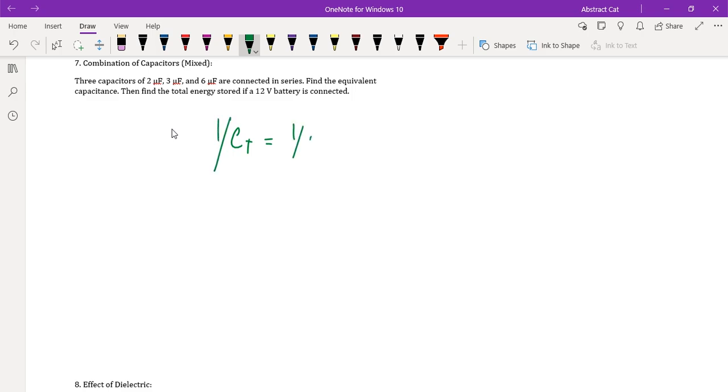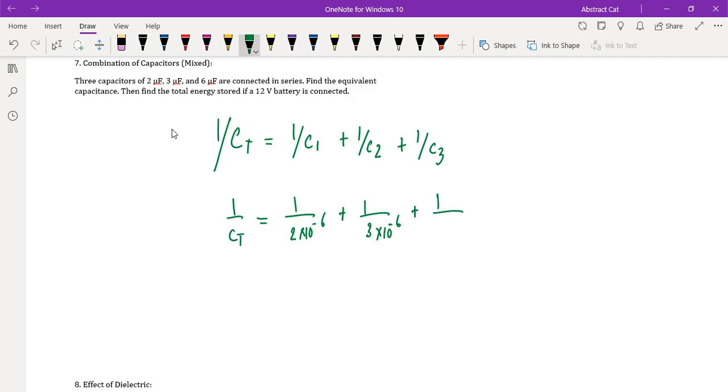So 1 by C1 plus 1 by C2 plus 1 by C3. So 1 by CT total, that is 1 by 2 into 10 to the power minus 6 plus 1 by 3 into 10 to the power minus 6 plus 1 by 6 into 10 to the power minus 6. 10 to the minus 6 is common, so 1 by 2 plus 1 by 3 plus 1 by 6.